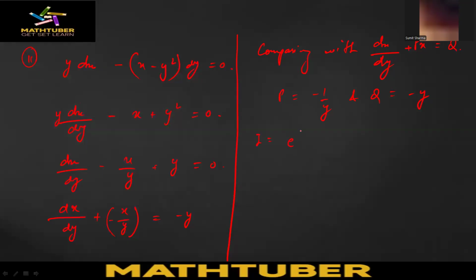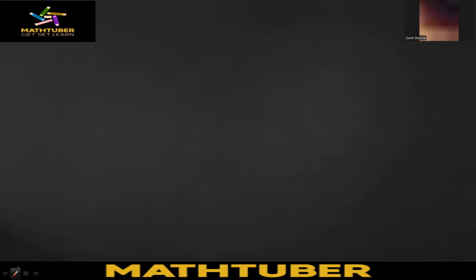Integrating factor is e raised to power integral p dy. So it is e raised to power minus log y, which is e raised to power log y raised to power minus 1. And this is 1 upon y, because e and log cancel. We'll get y raised to power minus 1, which is 1 upon y only. So now we have the integrating factor.